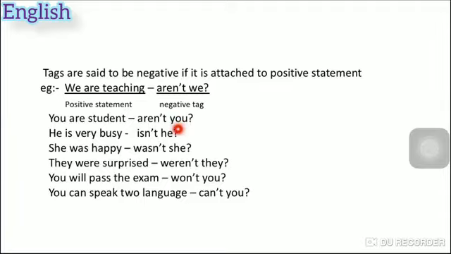He is very busy, isn't he? She was happy, wasn't she? They were surprised, weren't they? You will pass the exam, won't you? You can speak two languages, can't you?